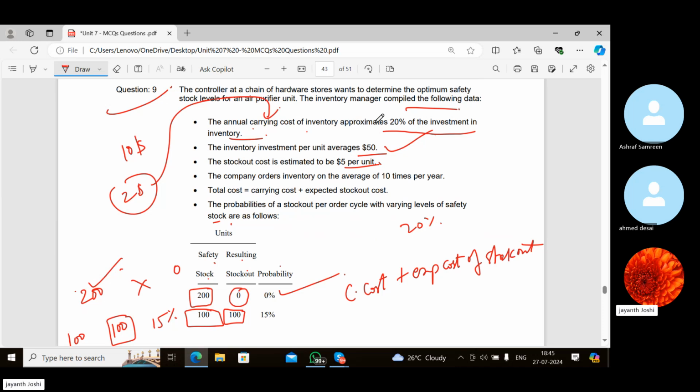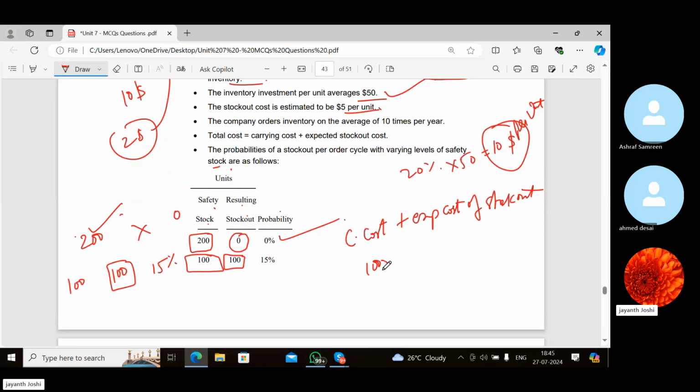Inventory investment per unit averages 50. So 20% of 50, how much? $10. This is their carrying cost, isn't it so? $10 per unit. So now how many units are we considering? 100 units, right? So 100 into 10, that becomes 1000 plus expected cost of stock out.